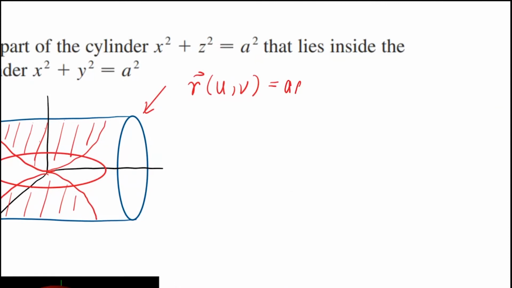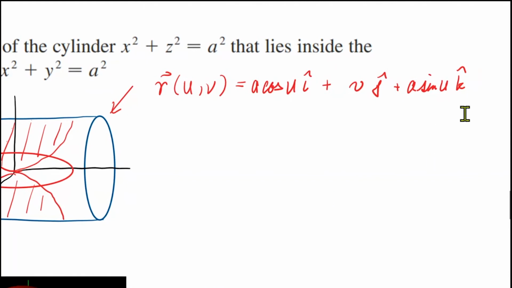So we can have a cosine u i vector, and then we'll worry about this j vector, and then plus a sine u k vector. This is between x and z. Are we good? What do you want to do with the y? Just take v. How about that?